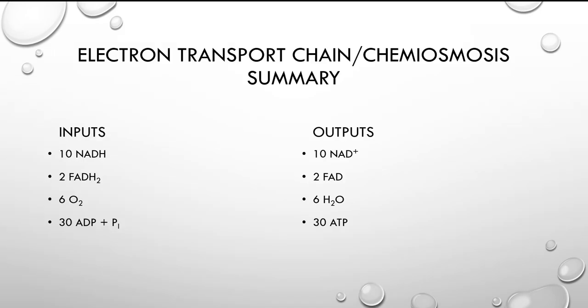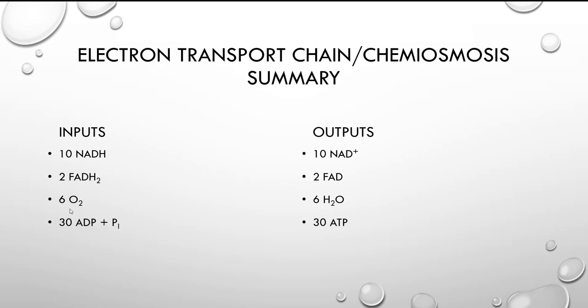Okay, so here's our summary of the process. Our inputs, remember, we have our electron carriers, including the ones from glycolysis, the transition step, and the Krebs cycle, or citric acid cycle. We had 10 NADH, and those will get oxidized to 10 NAD+. We have 2 FADH2s that we got from the Krebs cycle, and they will get oxidized to FAD.